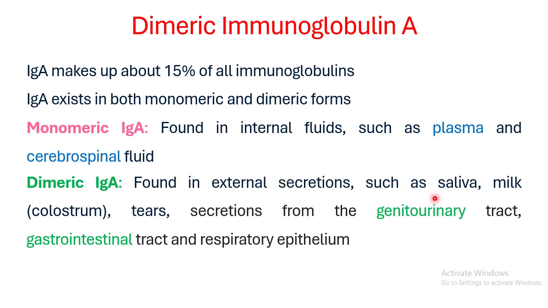For example, you can find them in the saliva, the milk, the colostrum, tears, and secretions from the genitourinary tract, the gastrointestinal tract, and the respiratory epithelium. So their location is different. They are found in different parts of the human body.